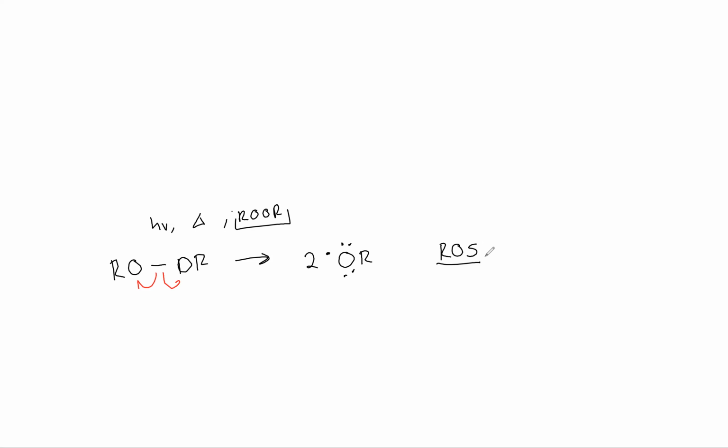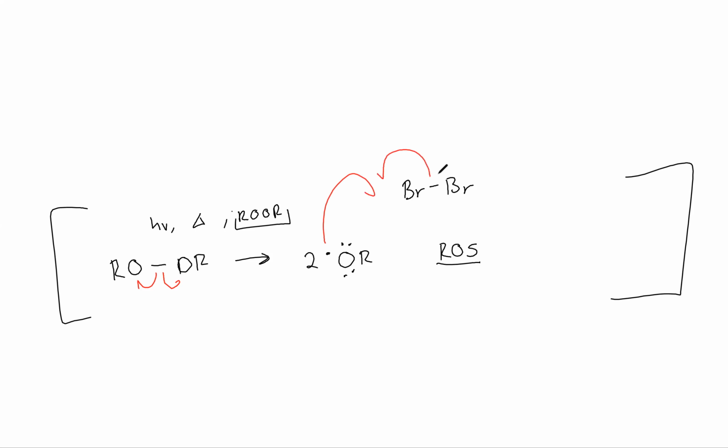However, in our case, we can use these reactive oxygen species to form radicals from stuff like Br2, because we can treat this as a semi-propagation step. This whole process will be under the initiation umbrella, but we're kind of doing a propagation reaction, in that we start with one radical here and end with one radical here.